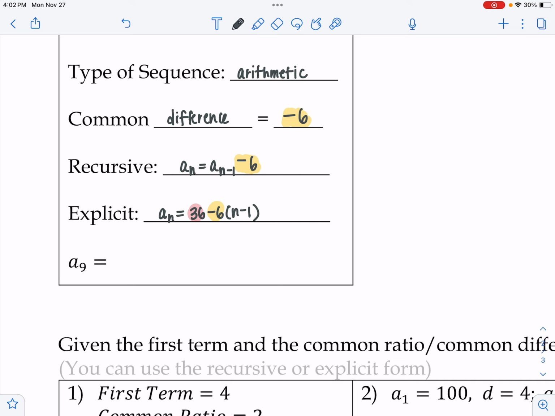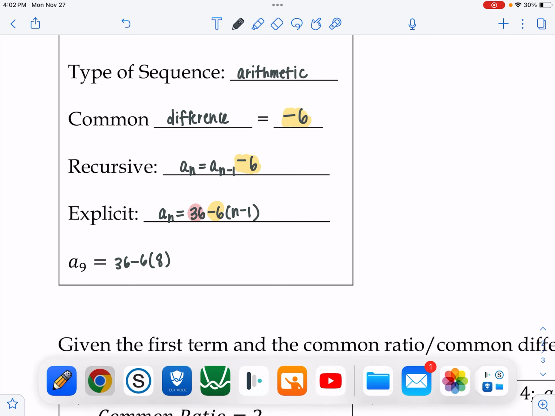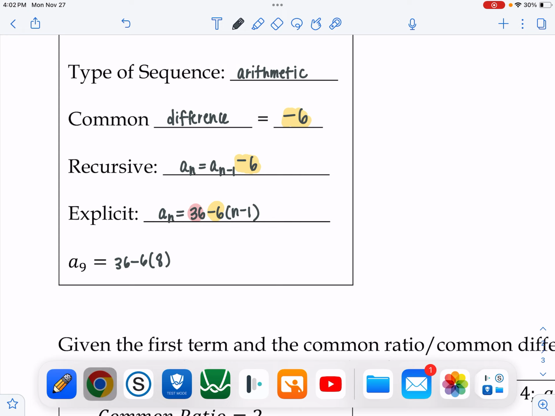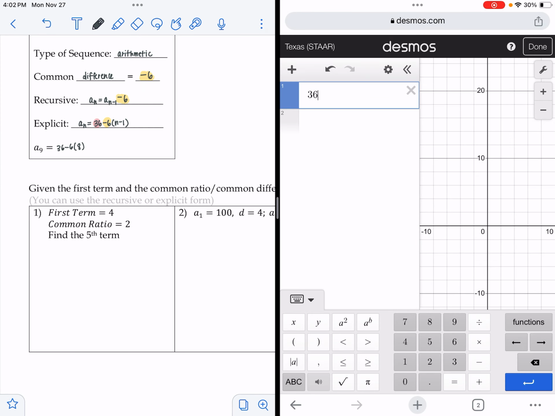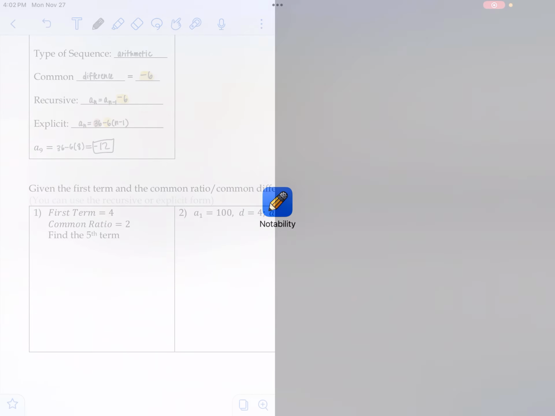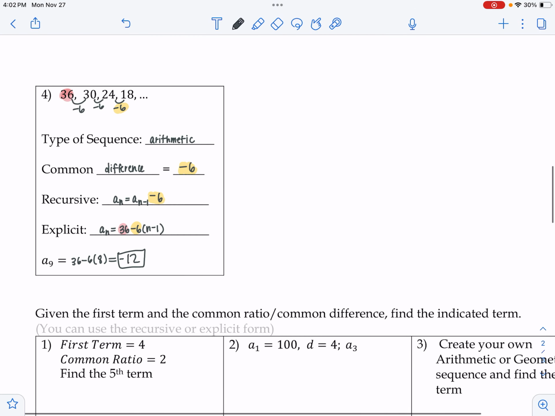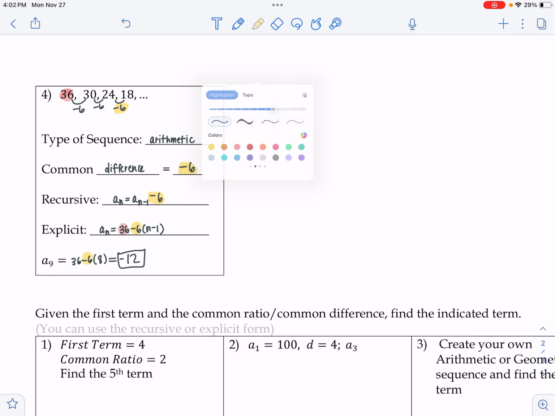Okay, and so to get to the 9th term, we would take 36, we would subtract 6 8 times. 36 minus 6 times 8 is negative 12. Don't need a calculator for that, but better to be safe than sorry. Right? And so that 36 and then minus 6 got a color code.